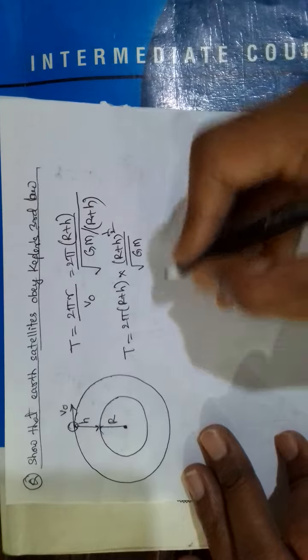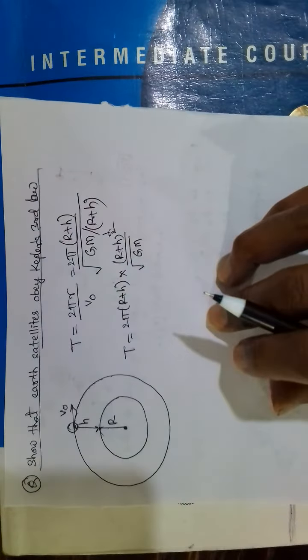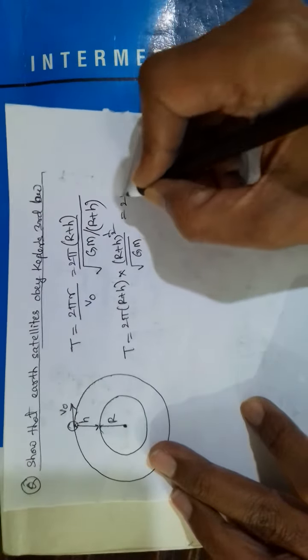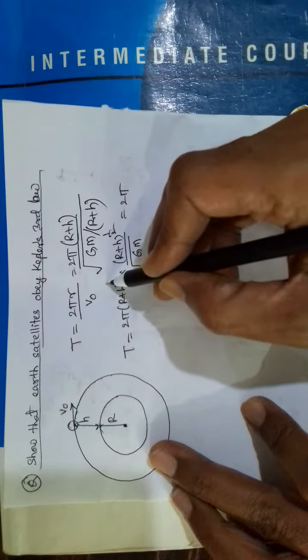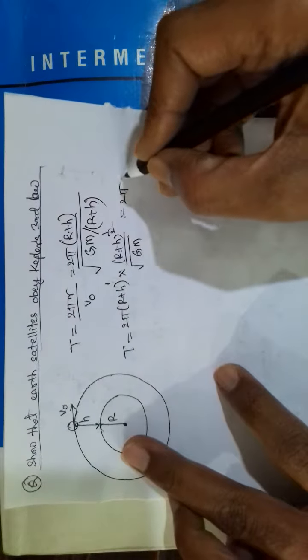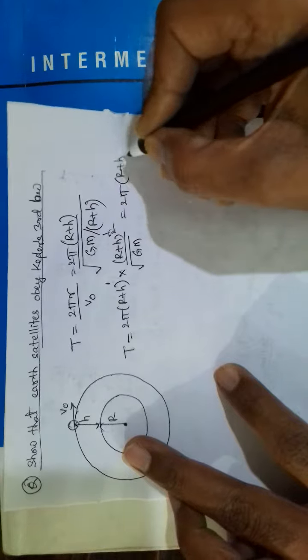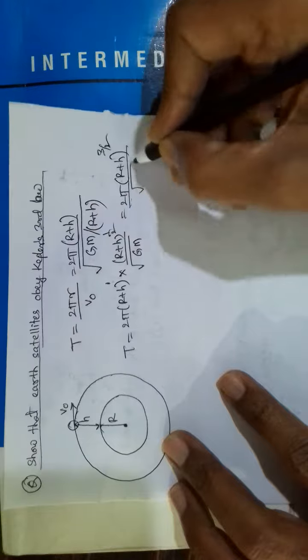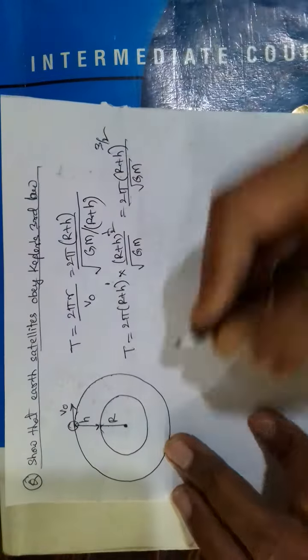Here we get power 1 and 1 by 2, 1 plus 1 by 2 is 3 by 2. So T is 2 pi (R plus h) to the 3 by 2 by root GM.